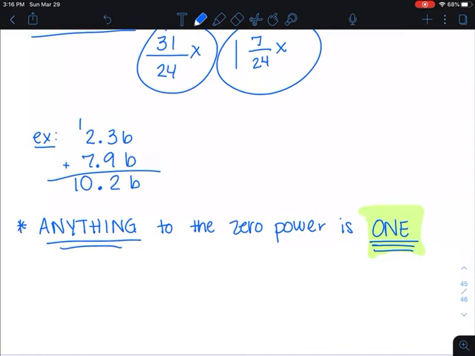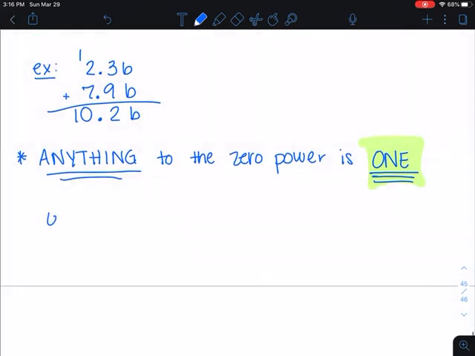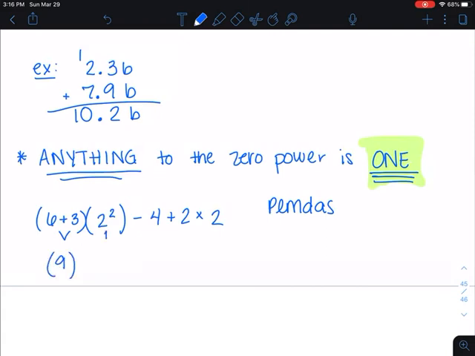Let's say we have something similar to 6 plus 3 times 2 squared minus 4 plus 2 times 2. So parentheses first, we're going to follow PEMDAS. 6 plus 3 is 9.